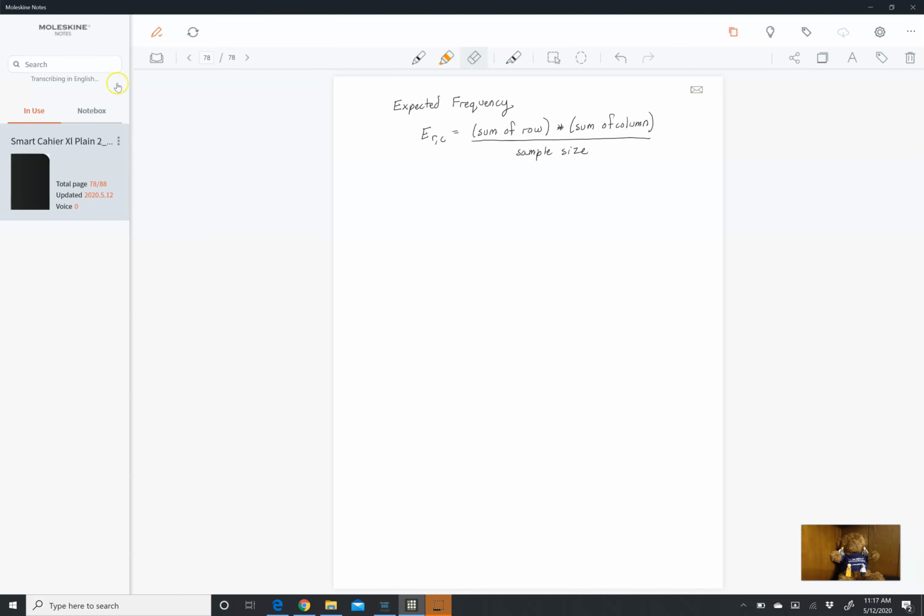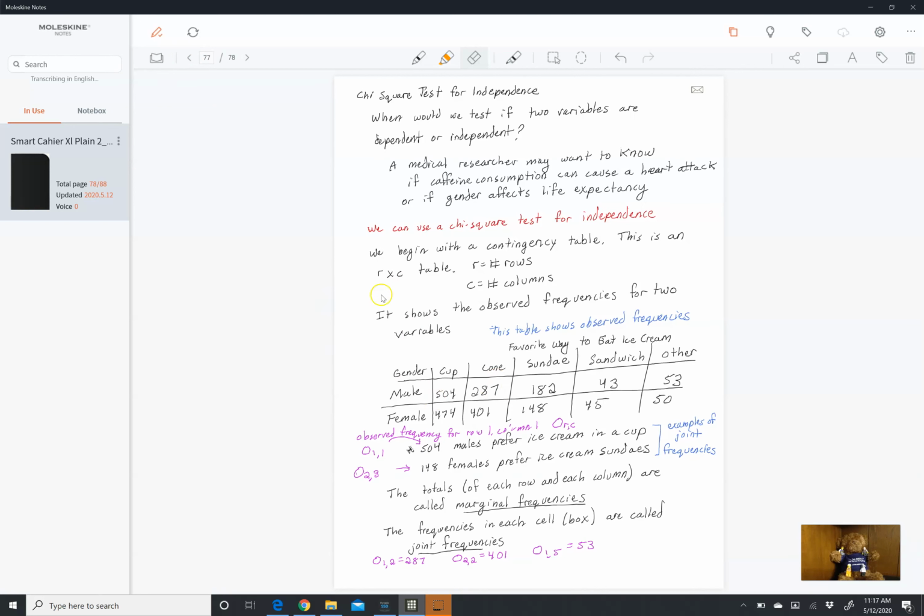We're going to create a new table with the expected frequencies. We can't do it yet because we need to figure out what the totals are. We have to find the total of each column because for a male who prefers the cup, we need to take the total for males, multiply by the total for cups, and divide by the sample size, which is the sum of all of these frequencies. If we add all of these together, then we get the total number of people who we asked the question of.